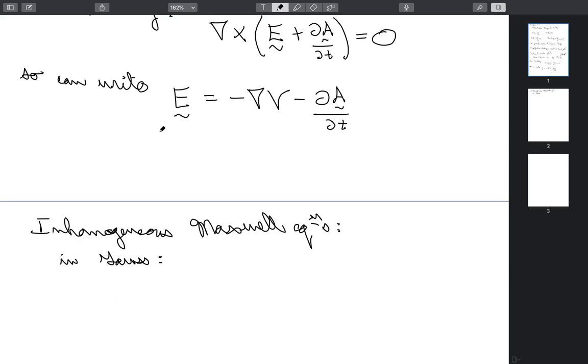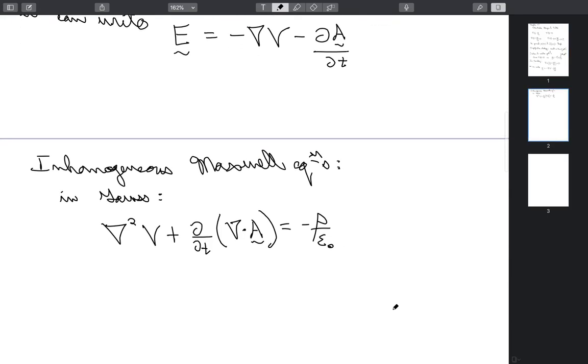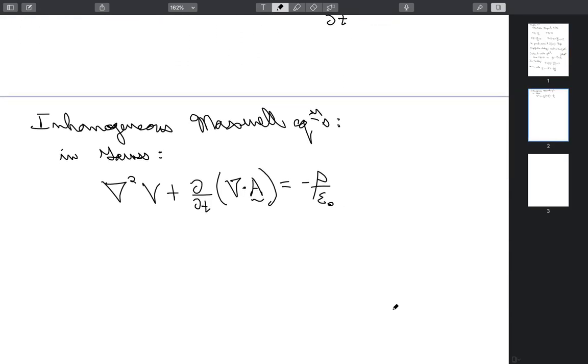I would need to take the divergence of this, so I would get now minus, let me take care of the minus sign, the Laplacian acting on V plus the time derivative of the divergence of A would be equal to, with a minus sign, what we had on the right-hand side of Gauss's law, rho over epsilon 0. Okay, so that's one of the equations that remains.